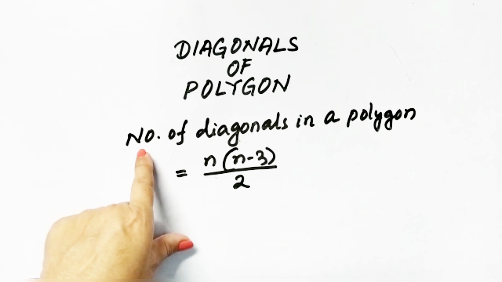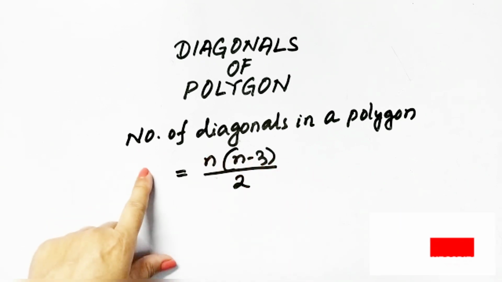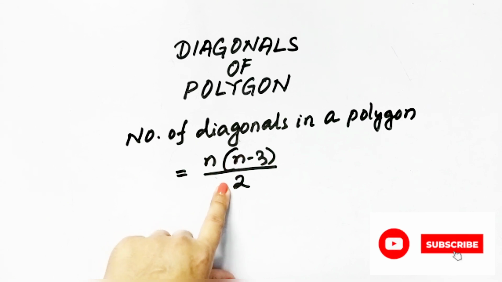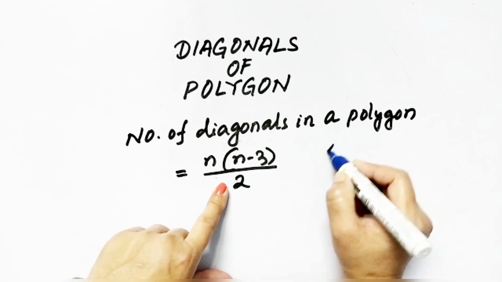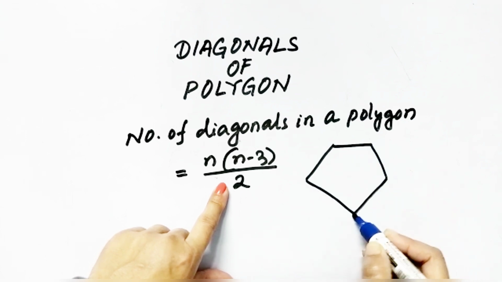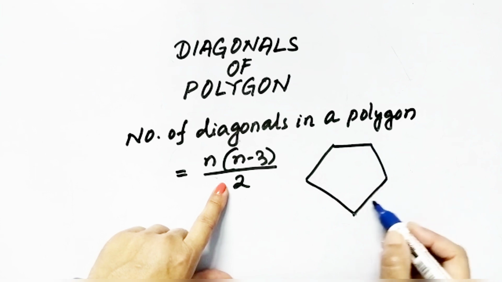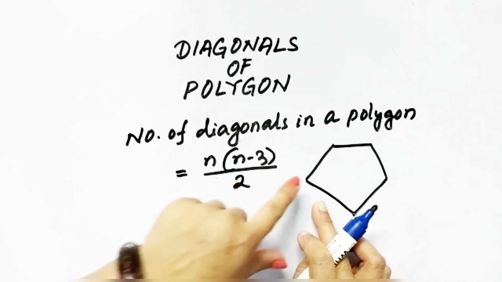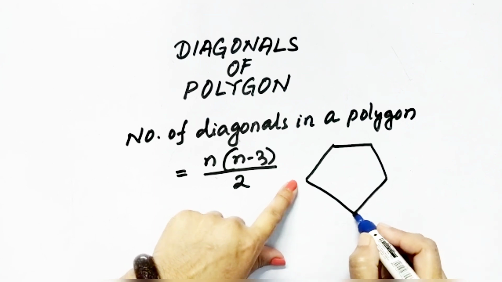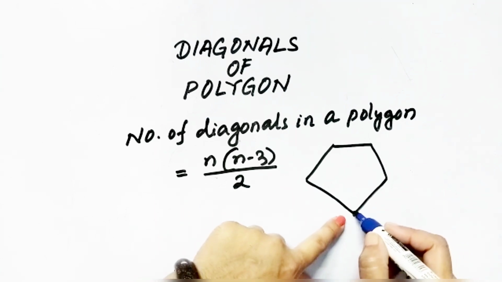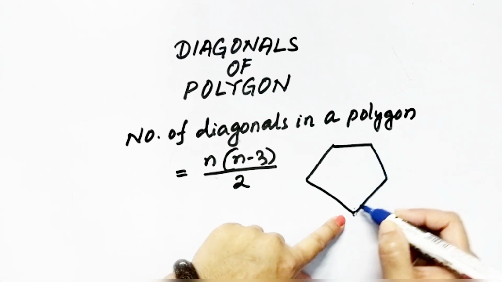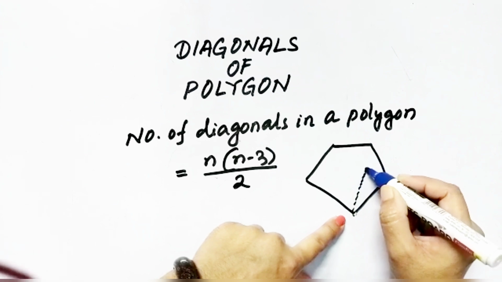So what is the formula for the number of diagonals in a polygon? It is equal to n into n minus 3, divided by 2. Why is it so? Let us take one pentagon. You know that in any polygon the number of sides equals the number of vertices equals the number of angles. A diagonal is a line segment joining non-consecutive vertices.